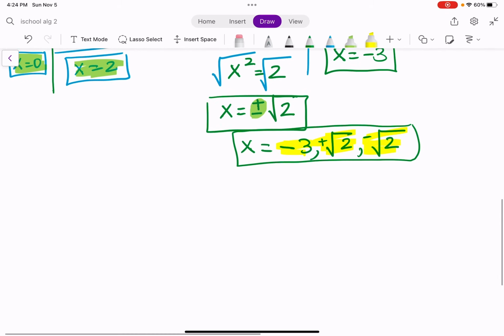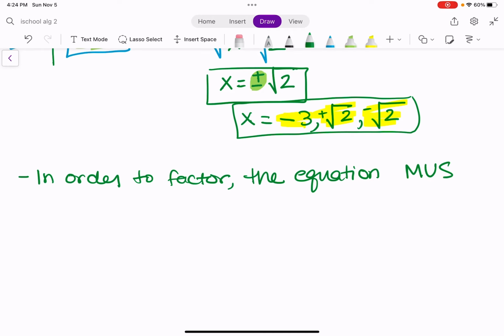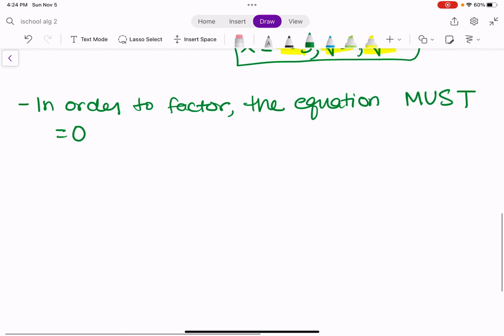Now one thing real quick for these problems, just to make sure that you know, in order to factor, the equation must equal 0. This is the last thing we're going to go through in the video. So sometimes in the practice, you may see questions like this: x squared minus 8x minus 6 equals negative 6, okay?